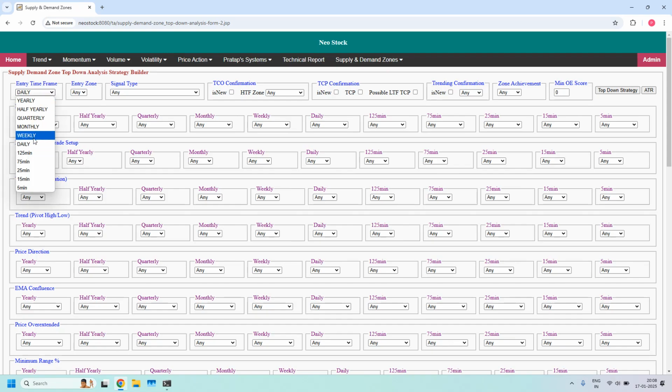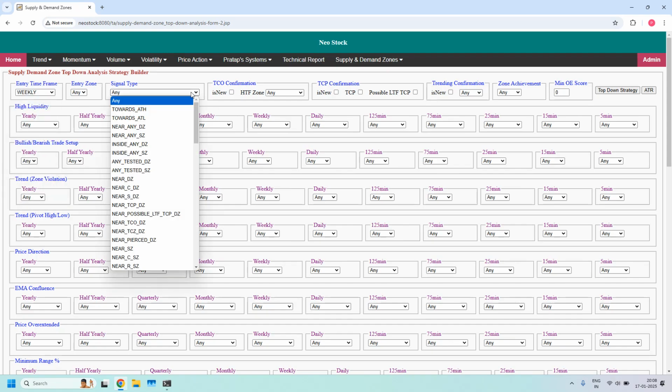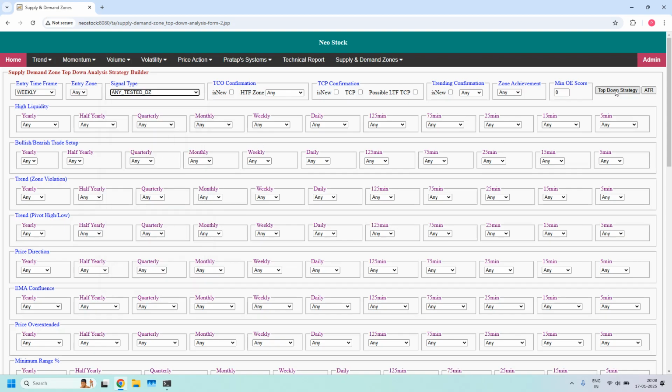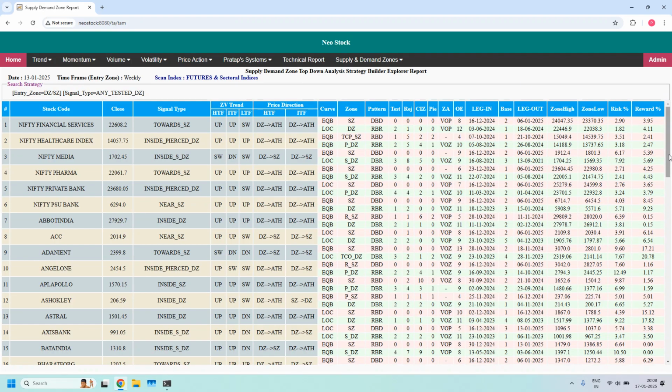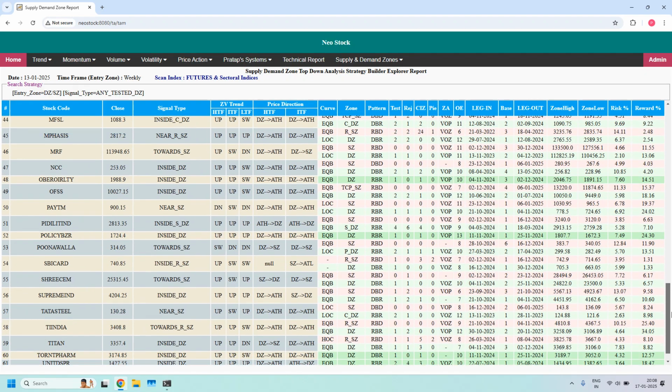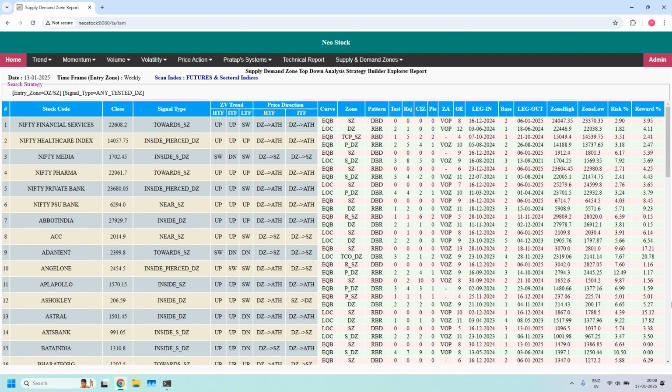So weekly time frame. Let us find the tested weekly demand zones during this week. Oh my God, very big list. 62 weekly demand zones are tested during this week. For your reference, I am scrolling the list down.